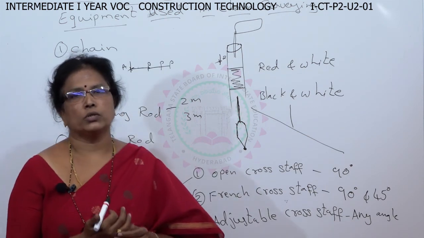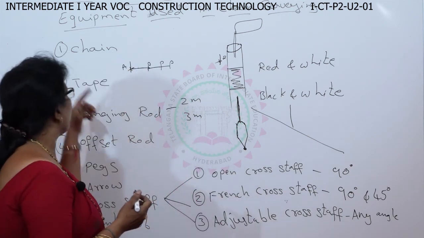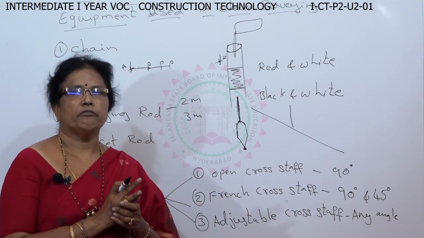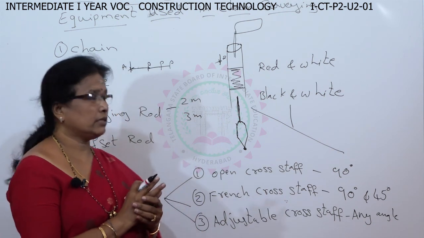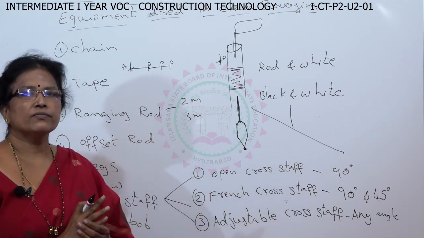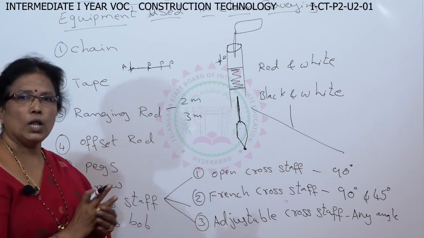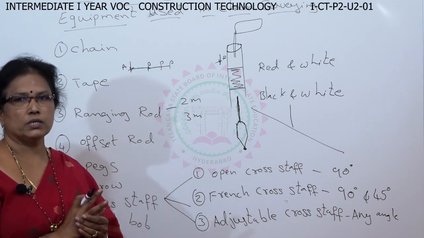These are the small questions. And the long question is: write the equipment used in chain surveying with the functions and neat sketches. That is your long question, and that is your assignment today. Prepare questions and answers for all of these. Thank you.